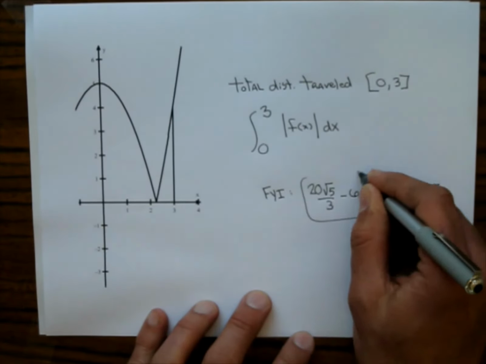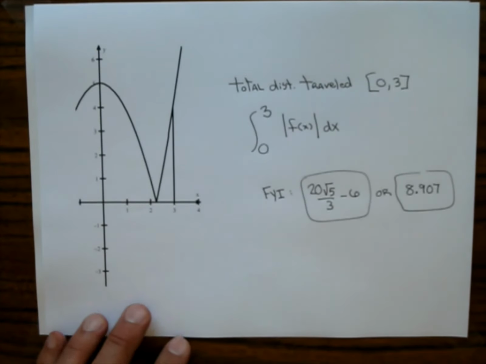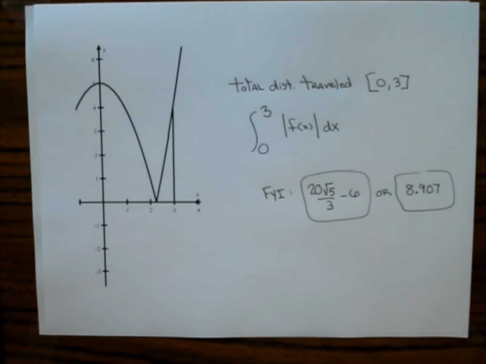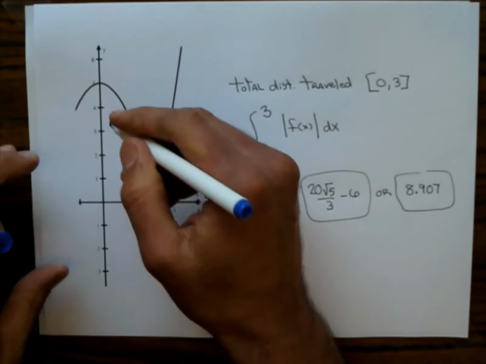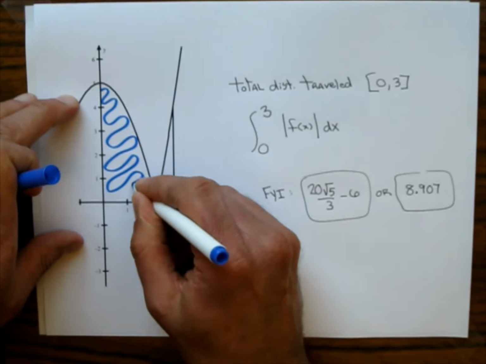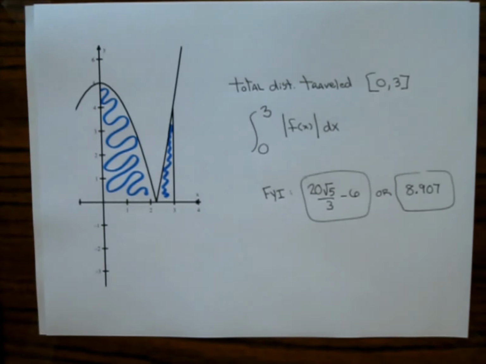Okay, so now if we were actually doing a bug problem, we would say feet. Okay, and that's what happens when you add up that area with that area. Okay, and so that's what you get.